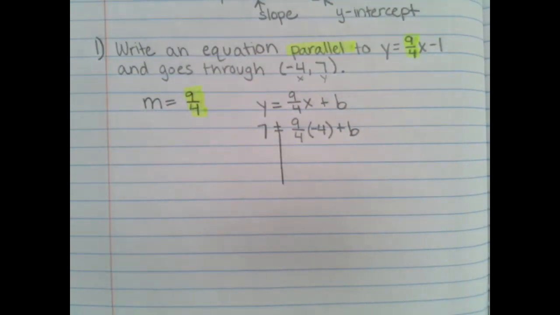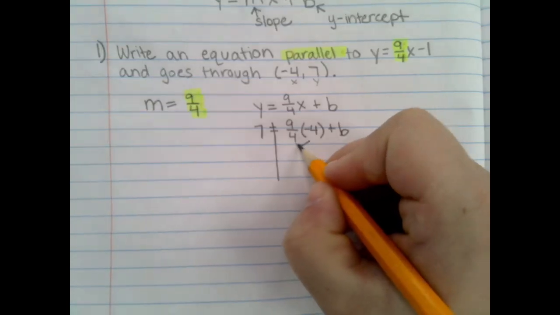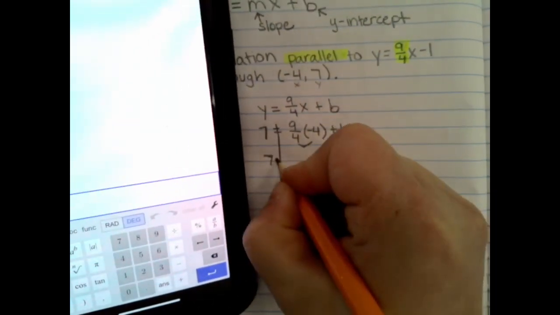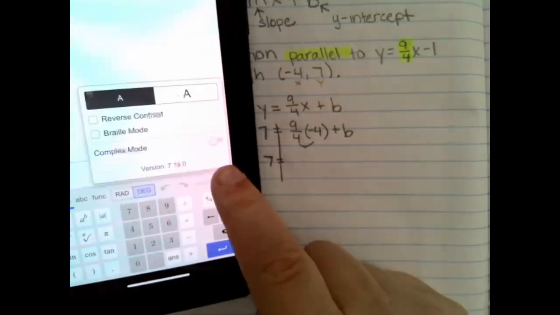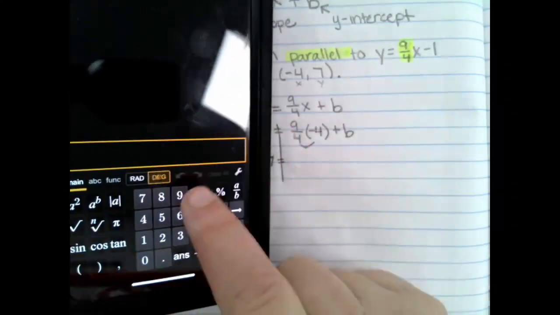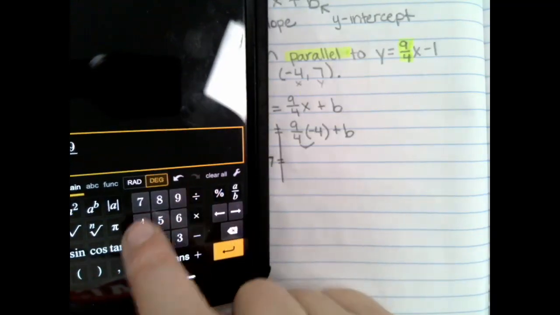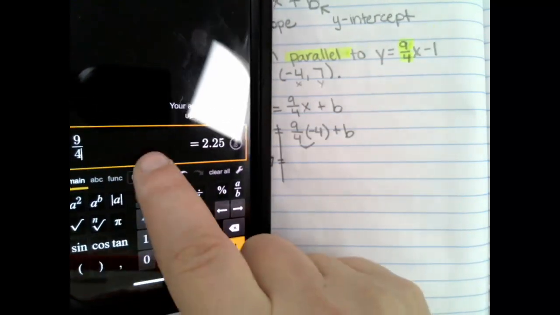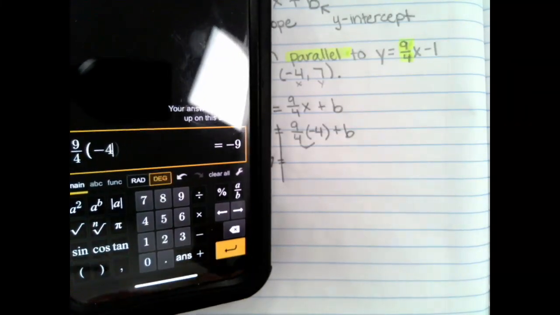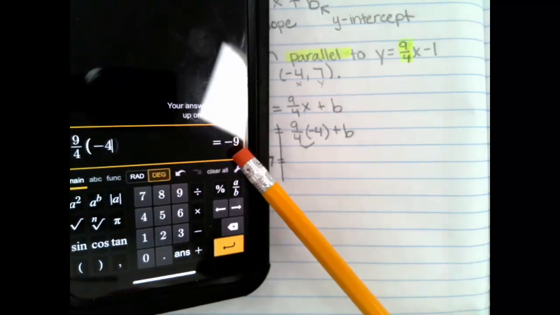And now we're going to solve that equation to get b by itself. Before I start solving and undoing things, I do need to simplify. So I can multiply this 9/4 times negative 4. So we get 7 equals, and then in my calculator, I'm doing 9 divided by 4, and then in parentheses, negative 4, and we get negative 9.